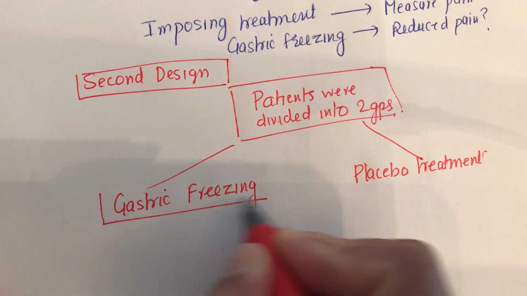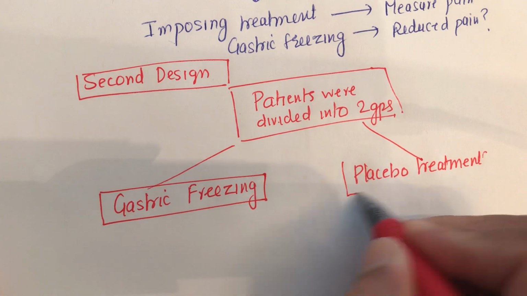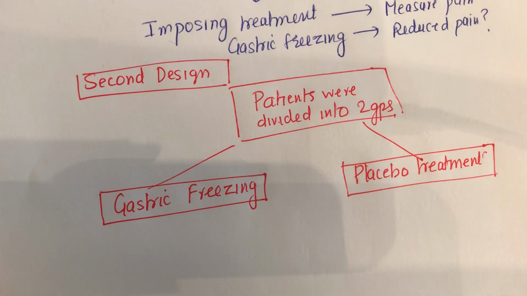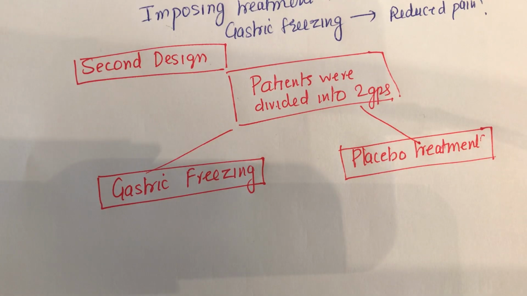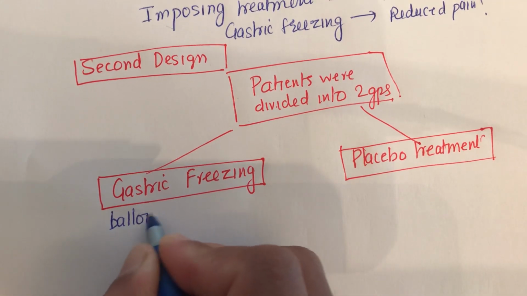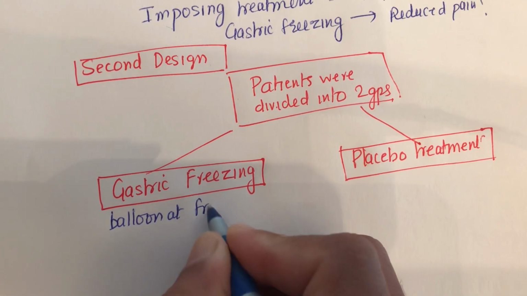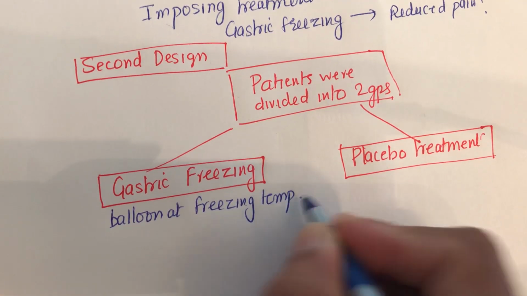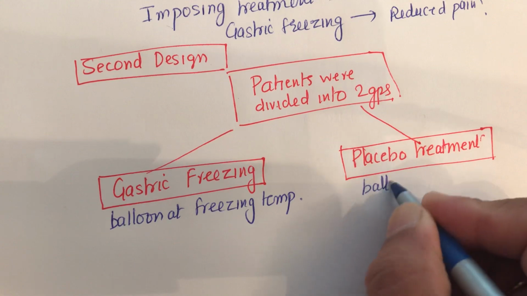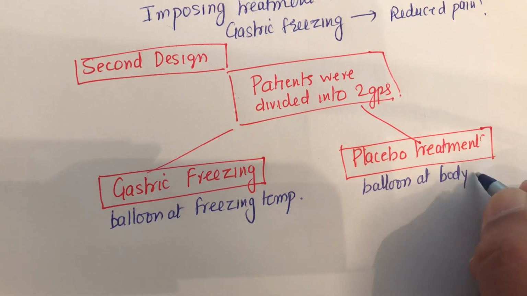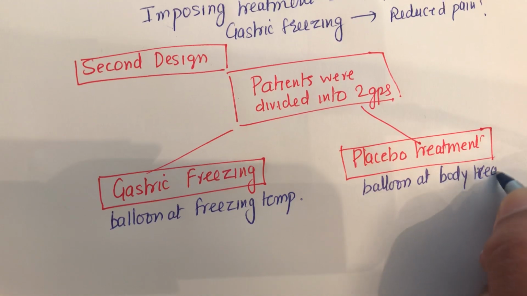So the first group received gastric freezing, where they actually got an inflated balloon in their stomach with freezing temperature solution inside. This one had the balloon at freezing temperature, and this one had a balloon at body temperature. So it was kind of a dummy treatment.